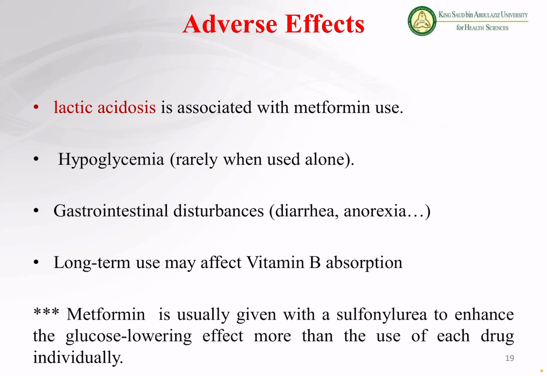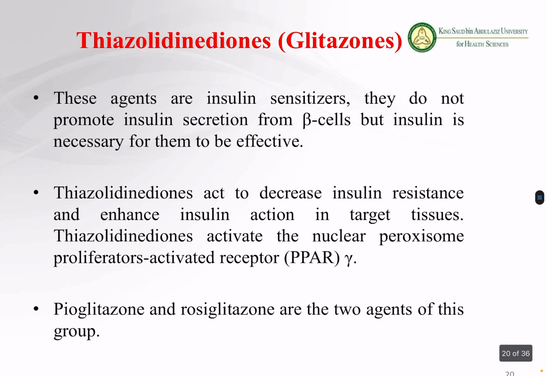The third one, we have here thiazolidinedione, which is also called glitazone. Again, these are examples of the insulin sensitizers because we discussed two drugs, biguanide and the thiazolidinedione, glitazone. They basically work as an insulin sensitizer.